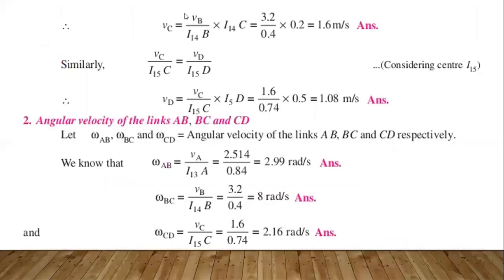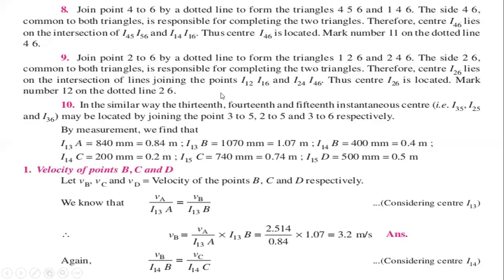So we have got 3.2 meters per second. So the value of velocity of B is 3.2 meters per second.